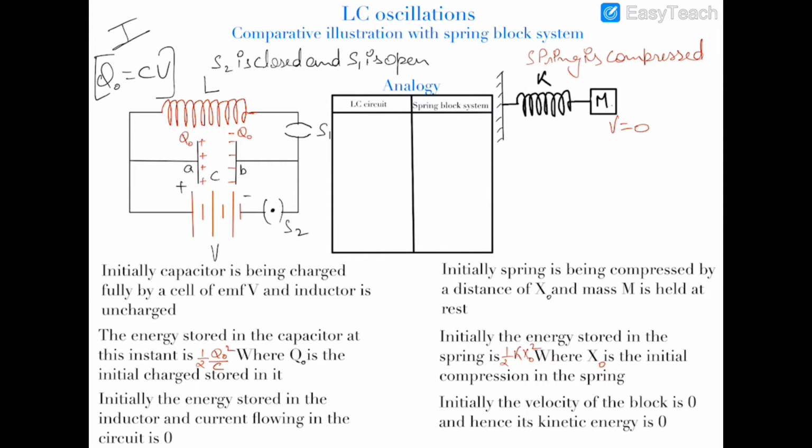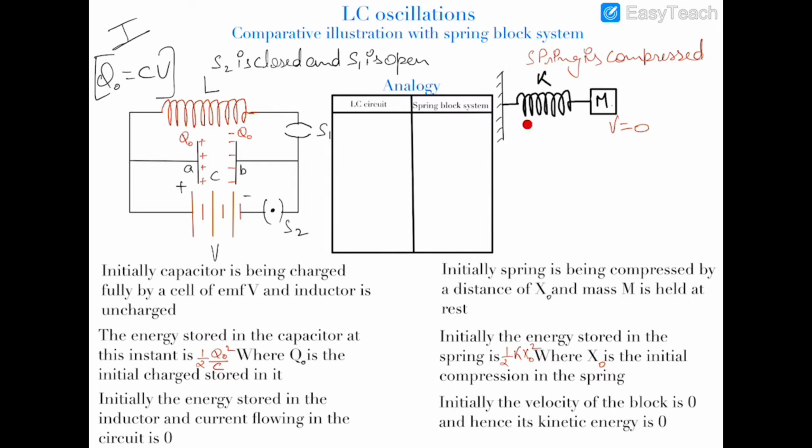I am comparing this circuit with the spring block system, and we know that to start the spring block oscillations we have to compress this spring, and then we can release this spring to start these spring block oscillations.